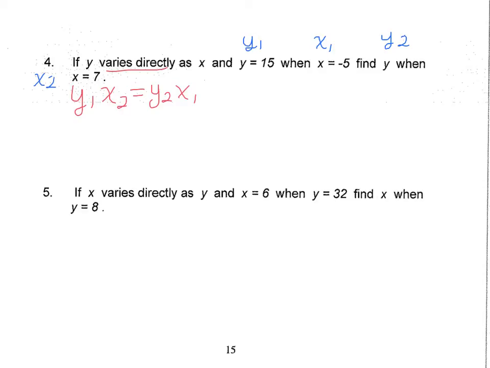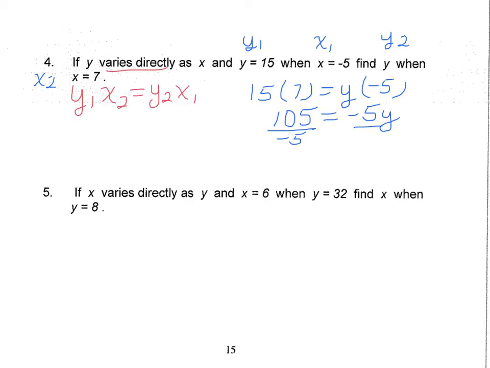All right, 15 times x2 would be 7 equals y times x1, which is negative 5. So 15 times 7 is 105 equals a negative 5y. Divide each side by a negative 5. Y happens to come out to be negative 21. So we found our missing value of y.